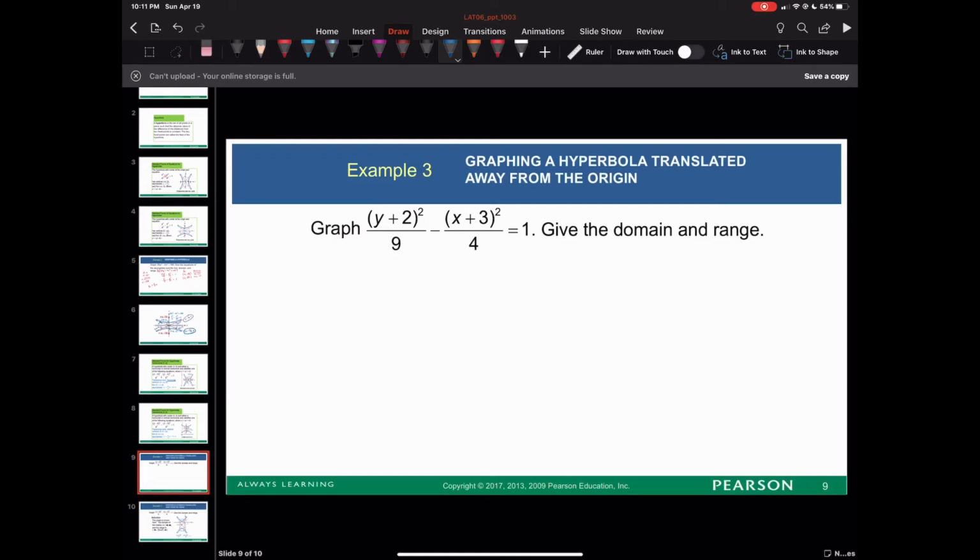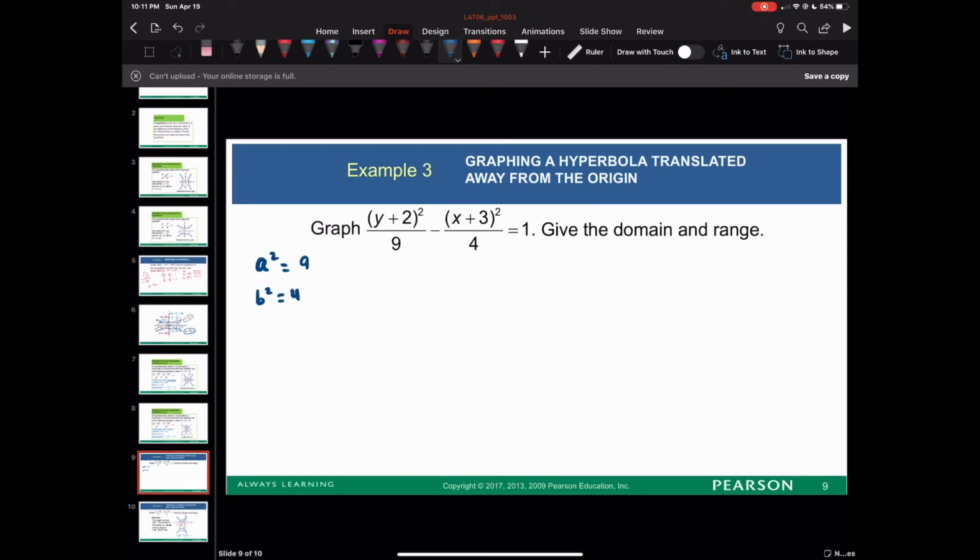So it says graph (y + 2)² over 9 minus (x + 3)² over 4 is equal to 1. Now, we got a² is equal to 9, and we got b² is equal to 4. All right?